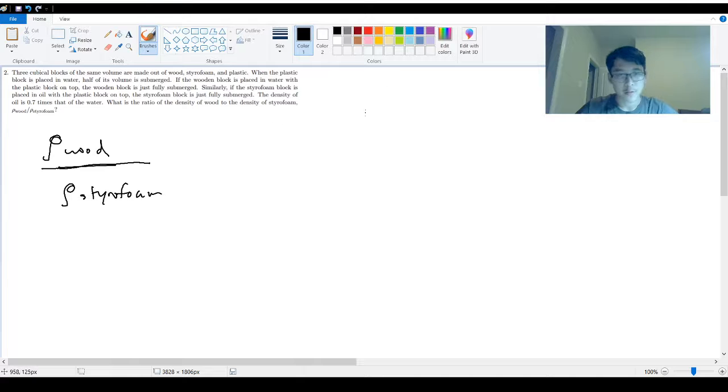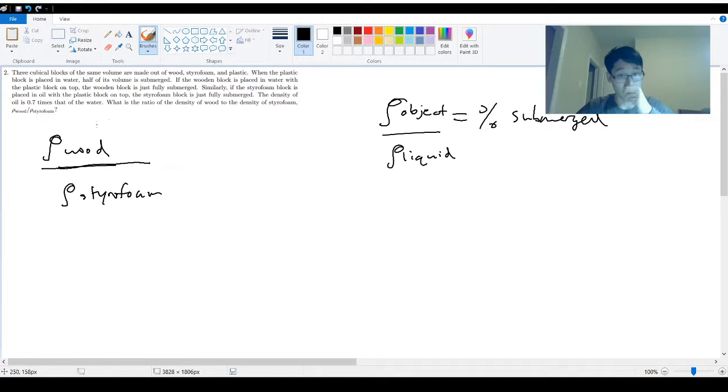If you remember, in general the percent that's submerged is equal to the density of the object divided by the density of the liquid. So in this case the object will be the wood, styrofoam, and plastic, and the liquid will be water or oil.